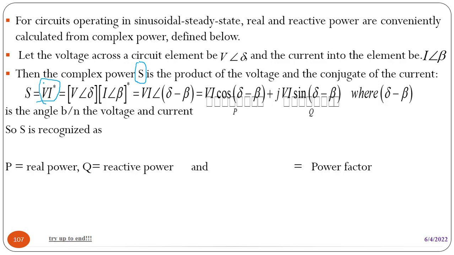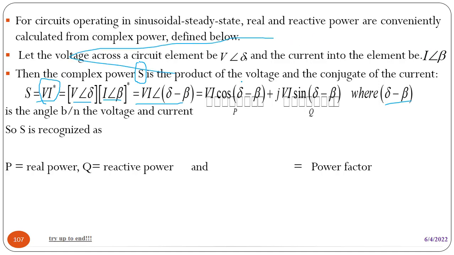The complex power is equal to the product of the voltage times the conjugate of the current. Then V is equal to V at angle delta, and the current is equal to I at angle beta, and its conjugate gives VI at angle delta minus beta, which is equal to VI cos(delta minus beta) plus j VI sin(delta minus beta), where delta minus beta is the angle between the voltage and the current.